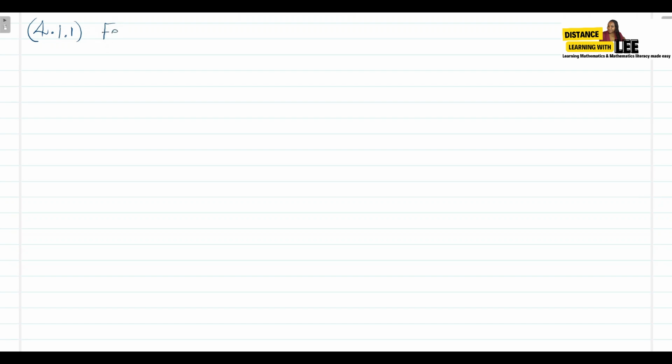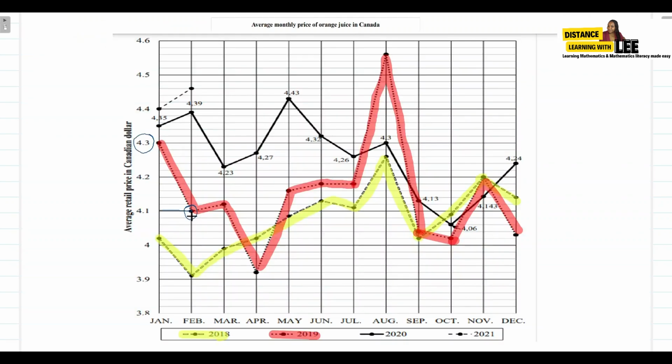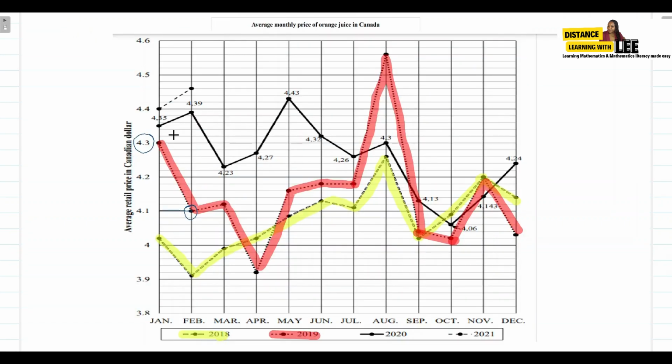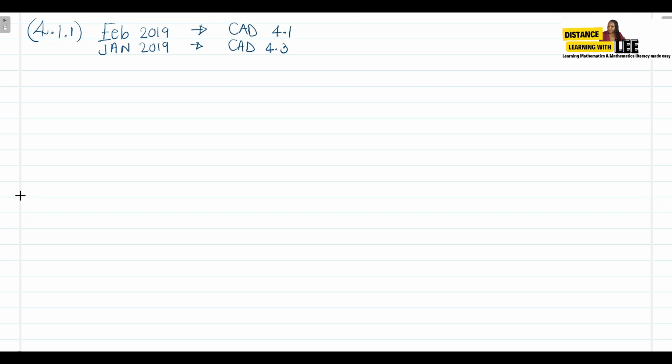So in February 2019, the price was 4.1 Canadian dollars. And in January 2019, the price was 4.3 Canadian dollars. So we want the difference between these two average prices.